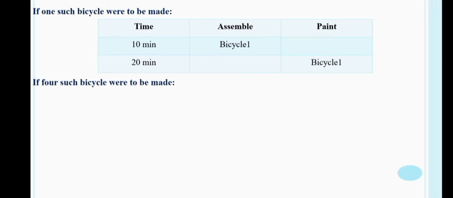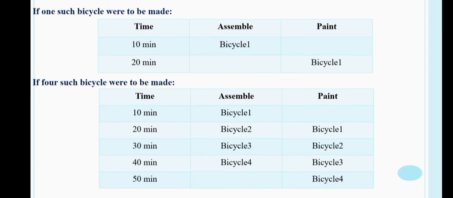If 4 such bicycles were to be made, let us assume there are 2 people working on the process of making a bicycle, one at each process. As soon as a bicycle is done at one process, it moves to the next process.